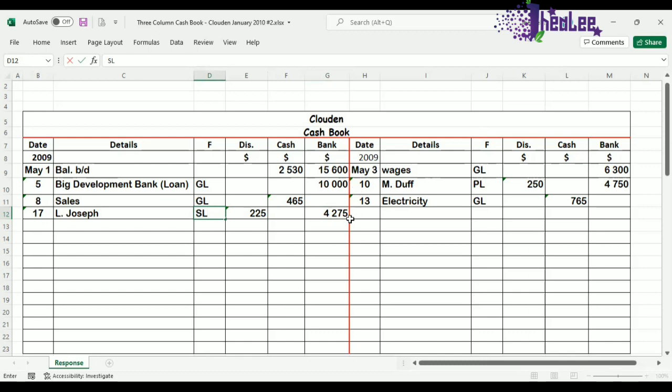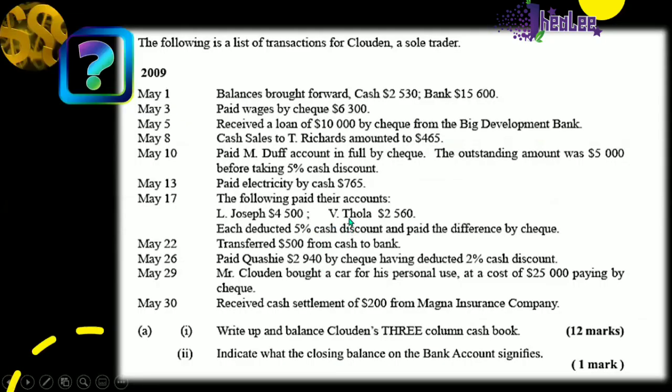Let's look at the other customer that paid on this date. V. Thola was owing $2,560. This multiplied by the 5% discount gave us a discount of $128. $128 from that $2,560 leave us with $2,432.